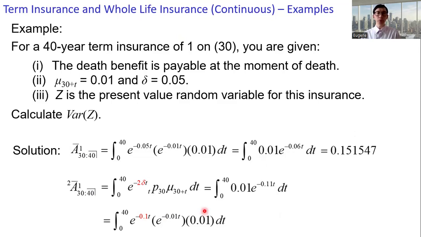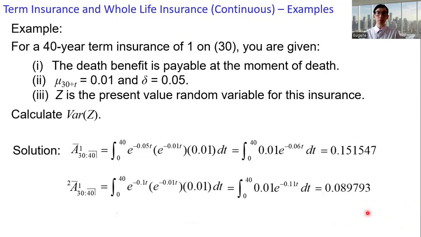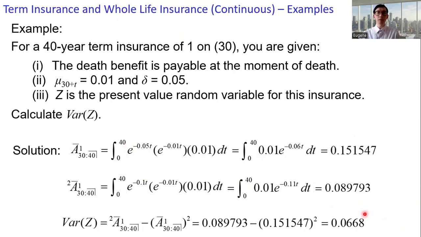Upon calculation, we get the value for the second moment. From this, we can get the variance of Z. And the answer is 0.0668.